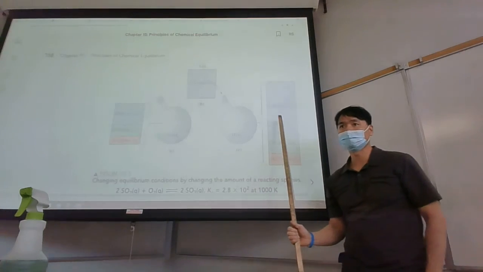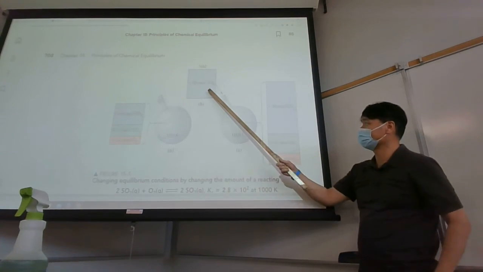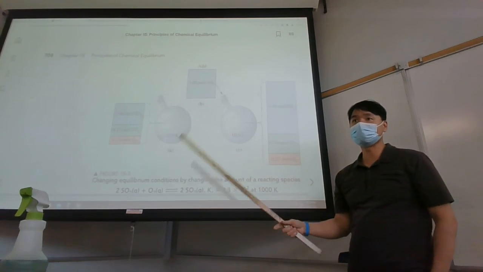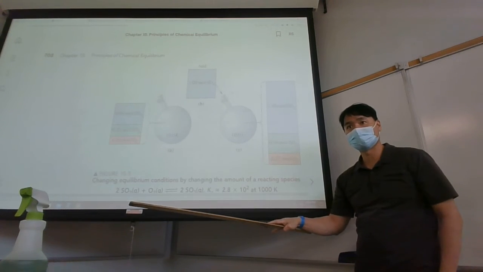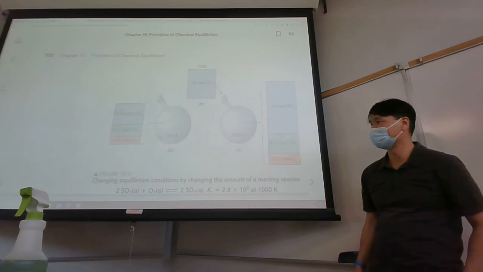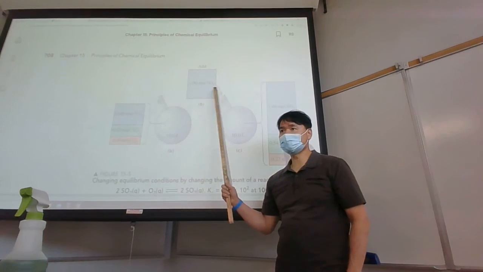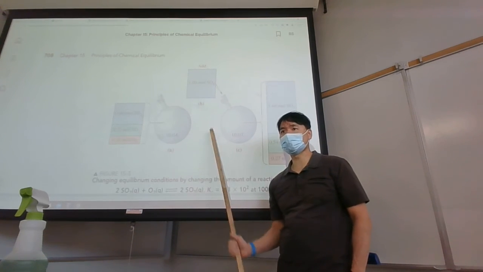That's true, right? But what I didn't say is that there's a shift. If I add SO3, it's going to shift left, right? And that means the amount of reactants increases, the amount of products decreases. But it's a bit of a trick question because they're comparing it to the original. And so if I add SO3, then compared to the original, all three of those original ones increase.